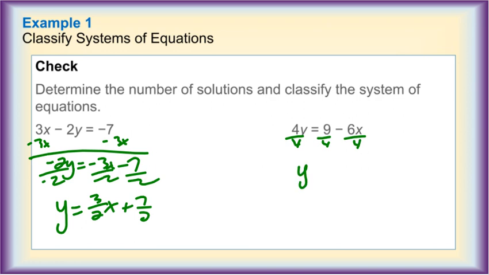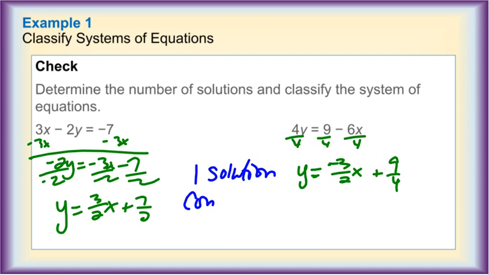I would have y equals negative 3 halves x plus 9/4. Now I notice that my slopes are not the same and my y-intercepts are not the same either. That means this has one solution and this is consistent and independent. It just means two separate lines, but they cross at only one spot.